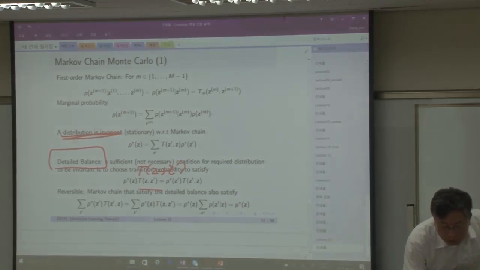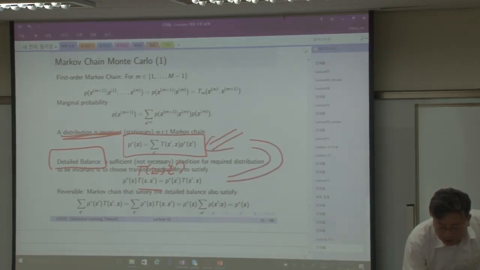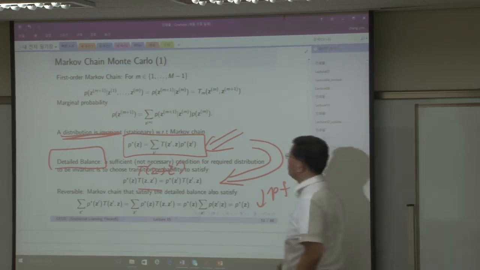If the distribution is invariant, you have to get this. In order to satisfy this, you have to satisfy the detailed balance equation. And here is the proof for that. It's a very easy proof.